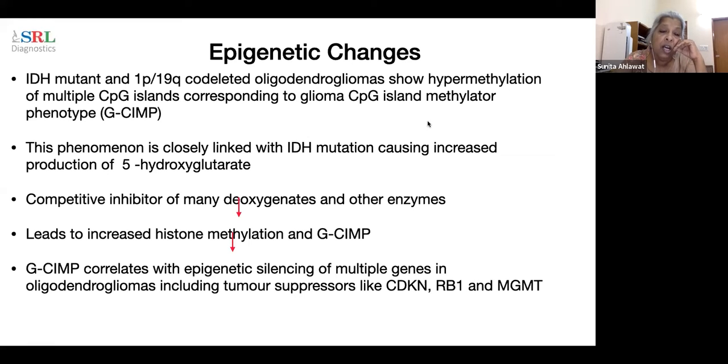Sometimes good and bad things are stopped, and in addition to the bad things, some good things, that is tumor suppressor activities, are also stopped, and by silencing many of the needed genes it results in tumor formation.